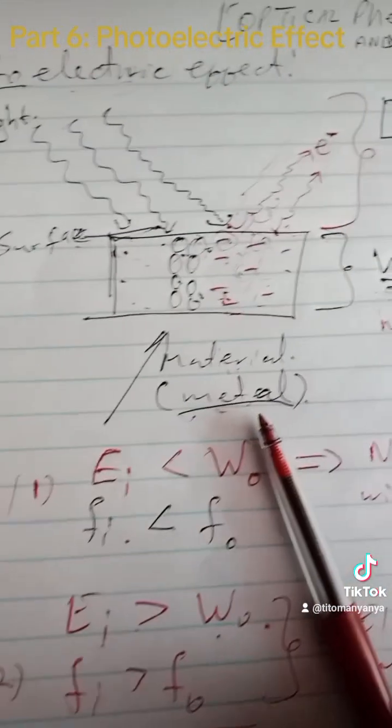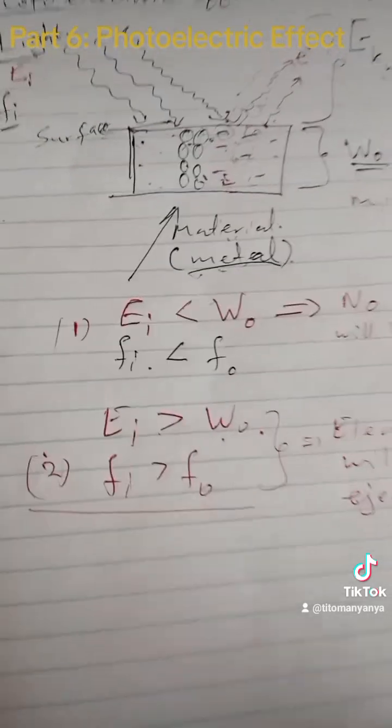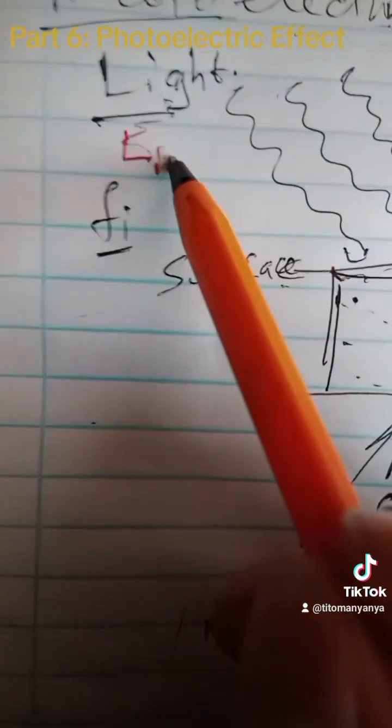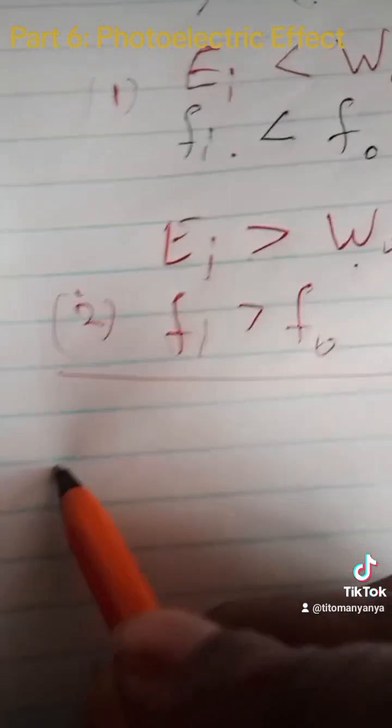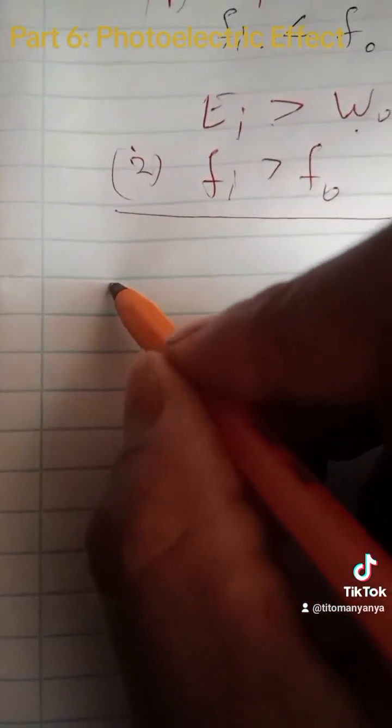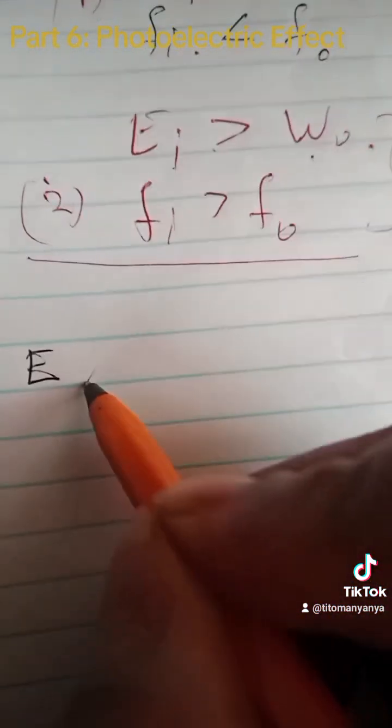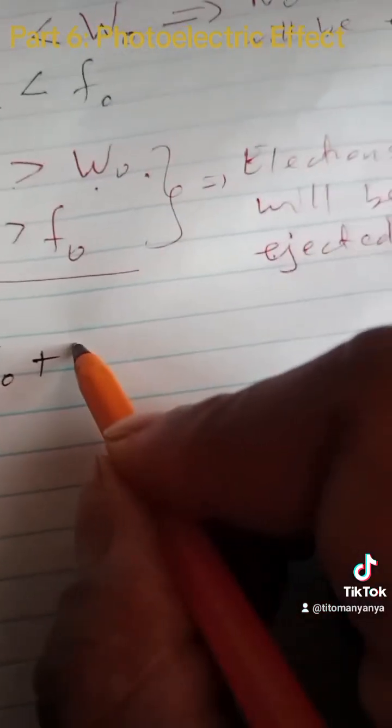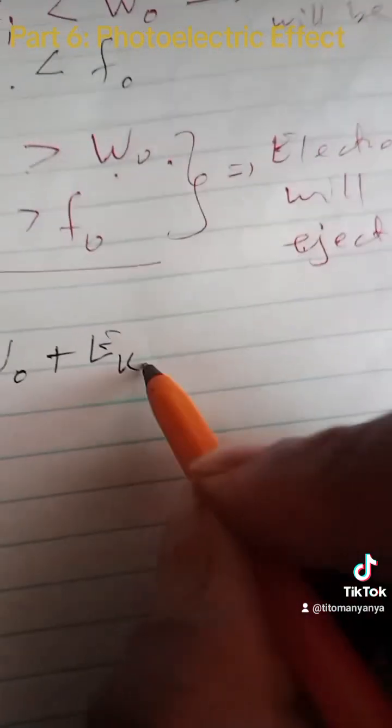So that means we can have an equation here. The E over here, we said that's the incident energy or energy of the photon. We can write E is equal to work function plus maximum kinetic energy.